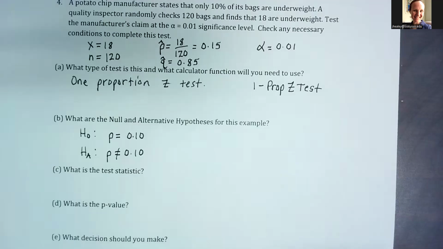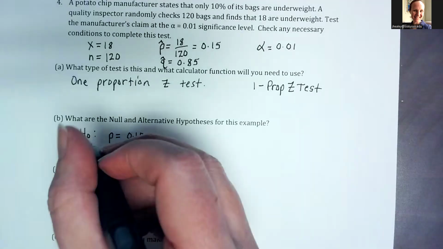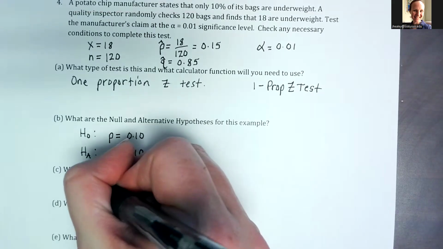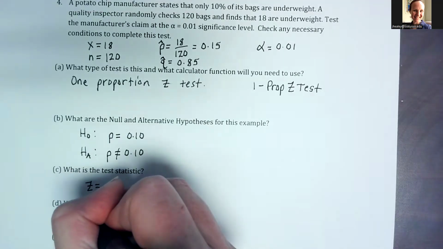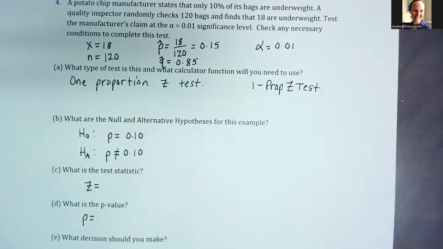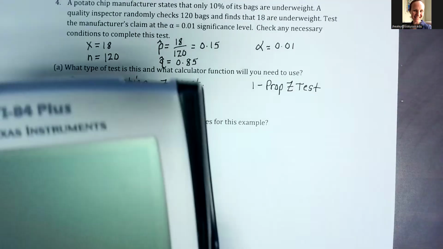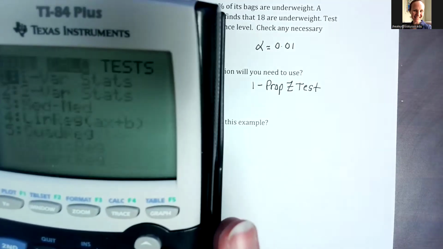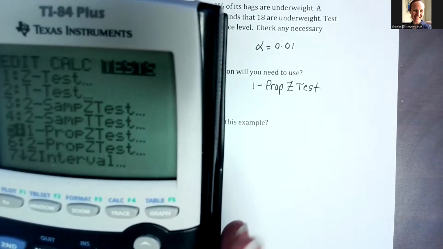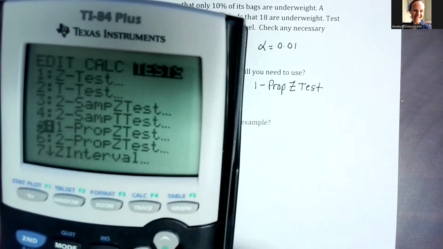Okay. Test statistic, because it's a proportion, we're definitely going to get a z, and we're going to get our p. So in the calculator, we're going to look for one proportion z-test. That's going to be number 5.